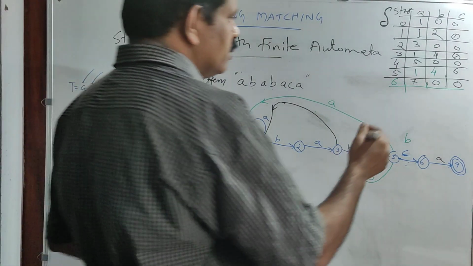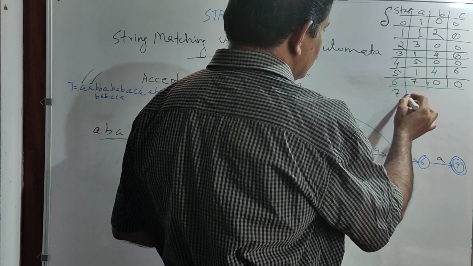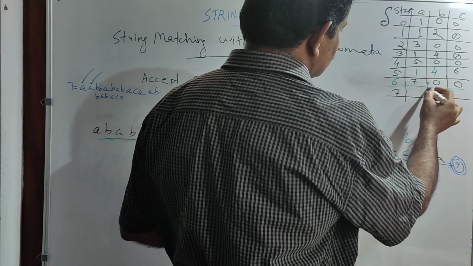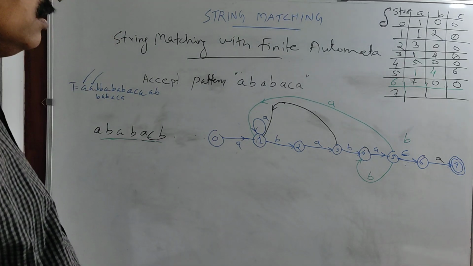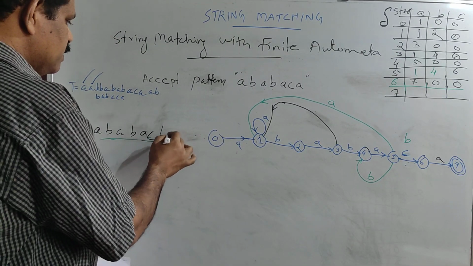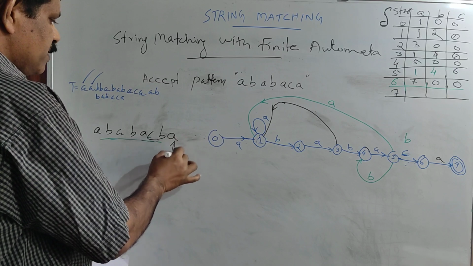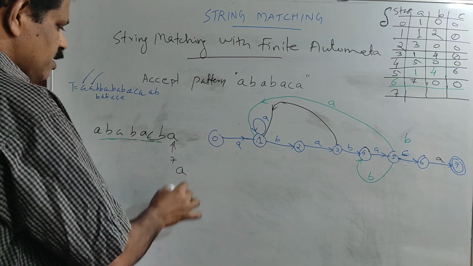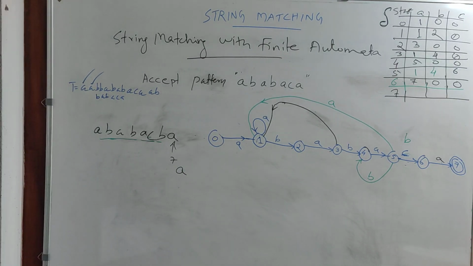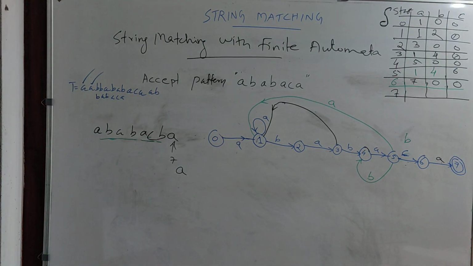Then what about the final stage 7? Okay, AB, ACA, you reached stage 7. Suppose after this an A is coming.